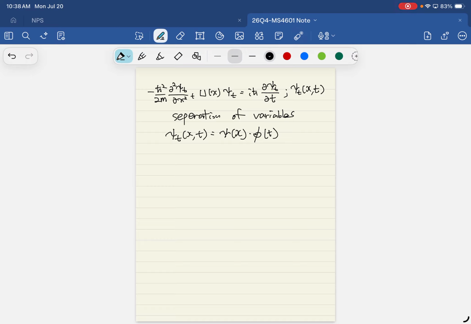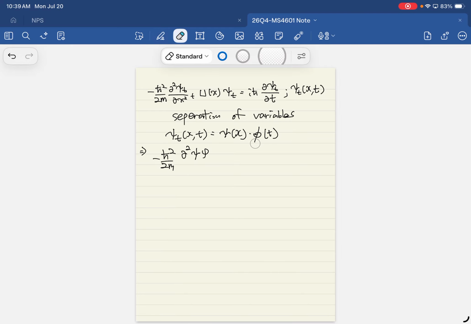So once we do that, now we have minus h bar squared over 2m, and then dou squared, and then psi phi. Okay, so sorry, I'm just going to describe this as this variable, just to be consistent.